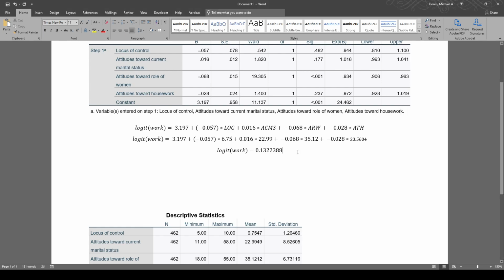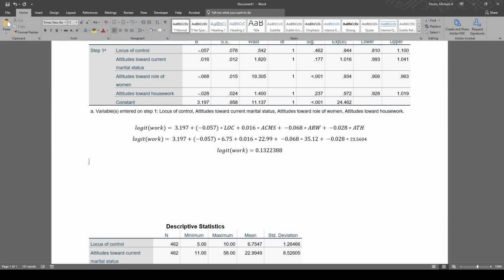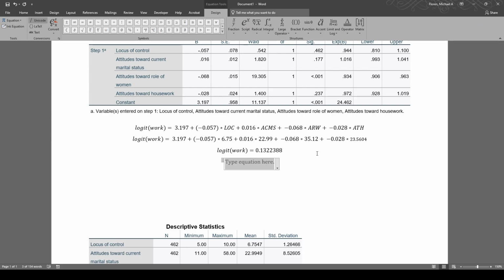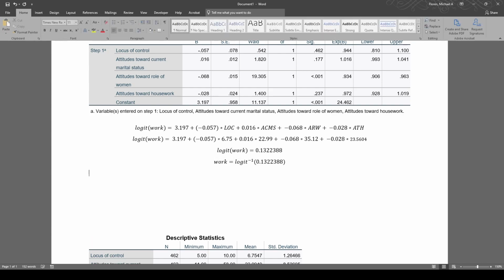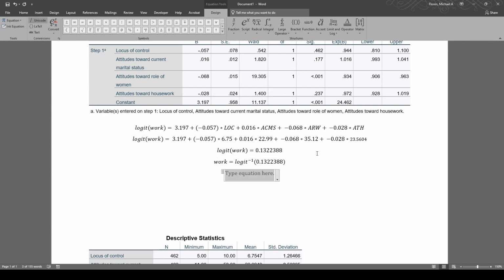Okay, cool. All right, so now I have to do this inverse logit, and we kind of gave the equation for how to do the inverse logit to just get work by itself. So work is going to be the inverse logit of 0.1322388. And how we do this inverse logit function is, well, we had a big long equation.